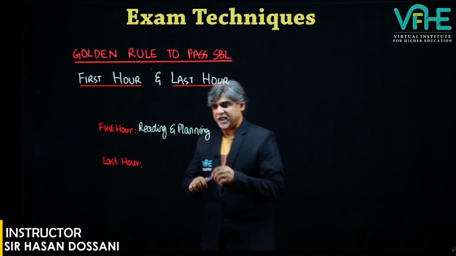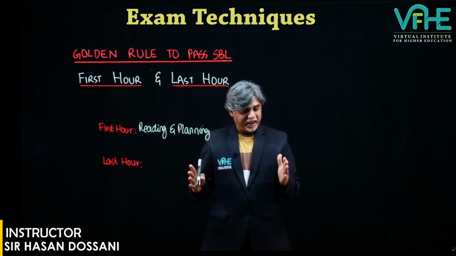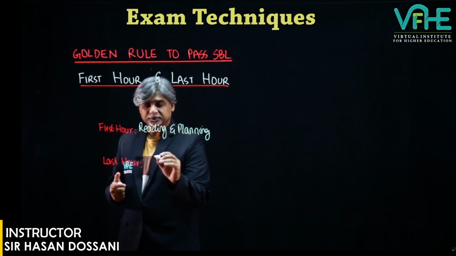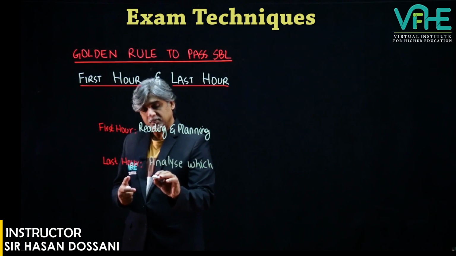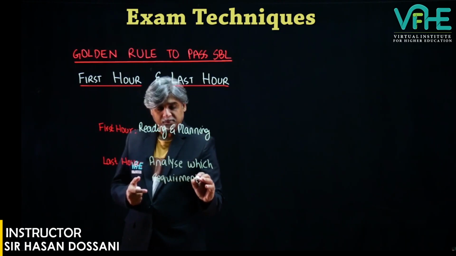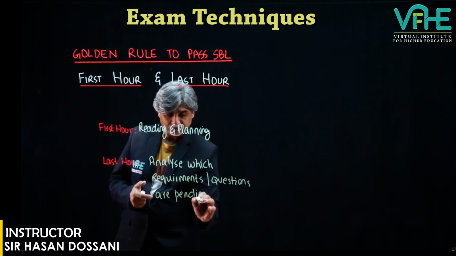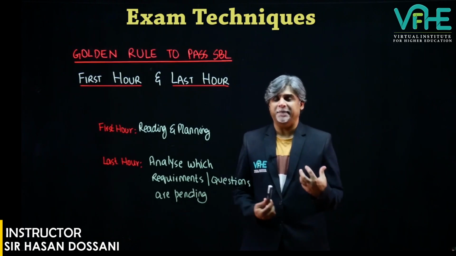So you need to understand that as soon as you complete the third hour and you are starting the fourth hour, what you need to do is analyze which requirements or questions are pending.